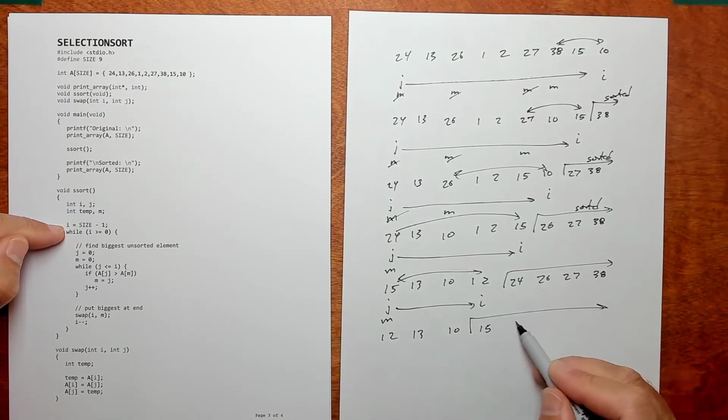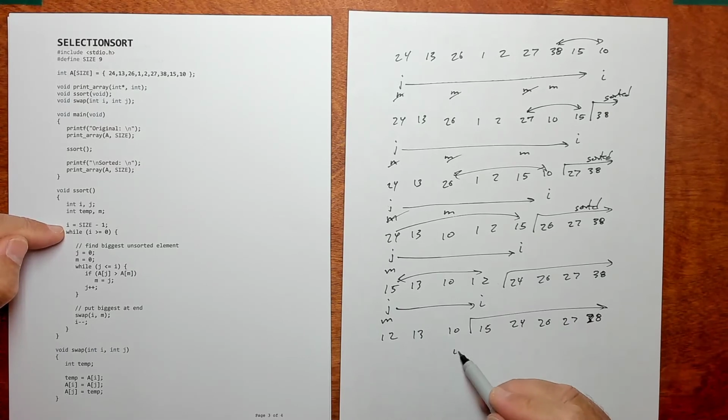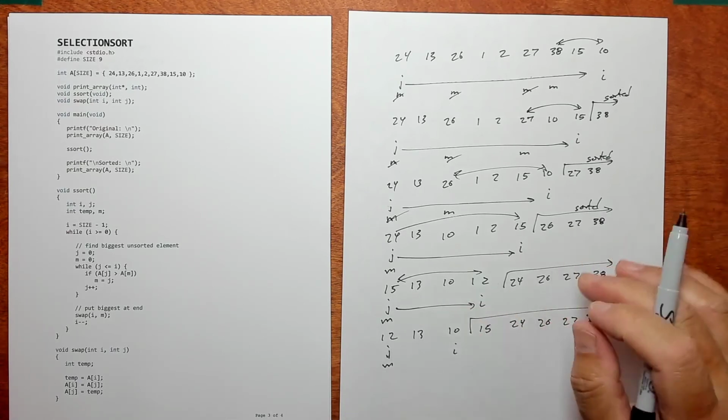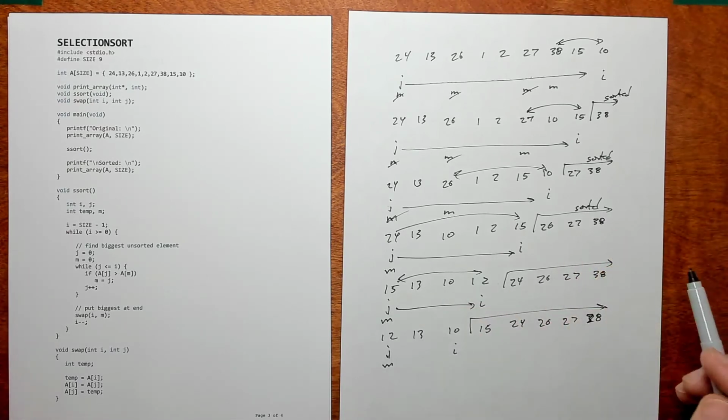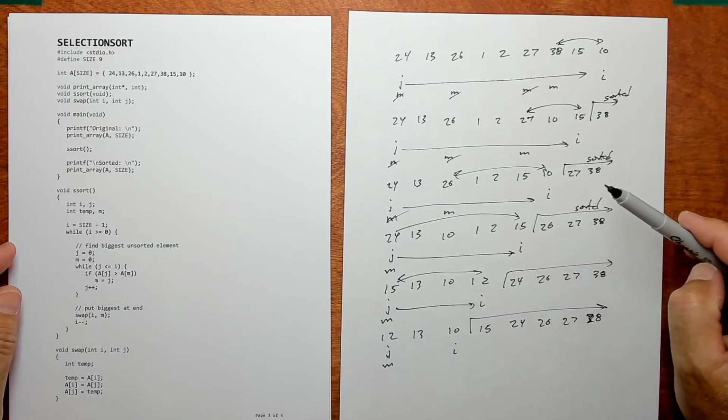And these are now the sorted guys. i decrements in the outer loop, j and m reset. Doesn't find anything bigger, it goes down. A couple more of those dudes and this thing's all sorted. Looks like a good algorithm.